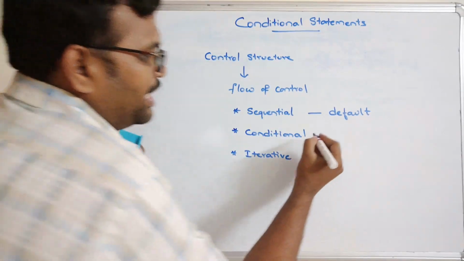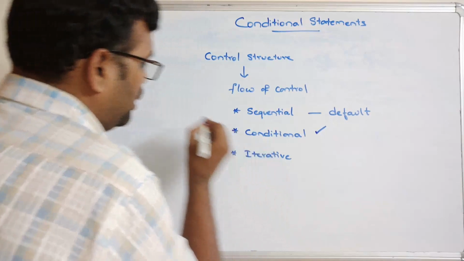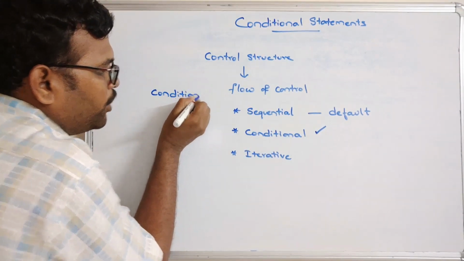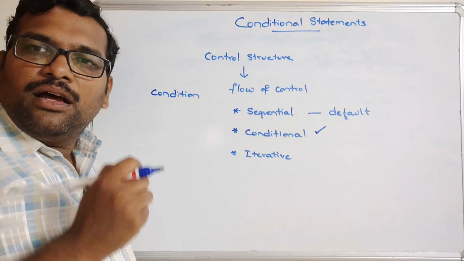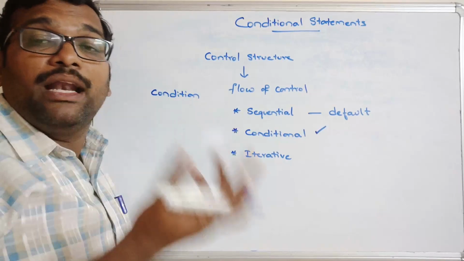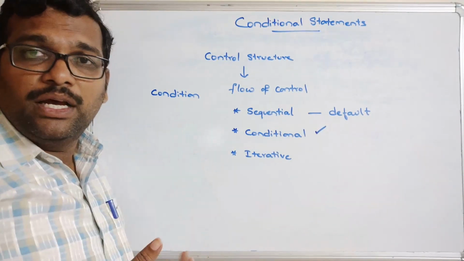Now coming to the conditional control structures. Conditional control structure means we have to write one condition, and a condition is an expression with boolean or relational operators.